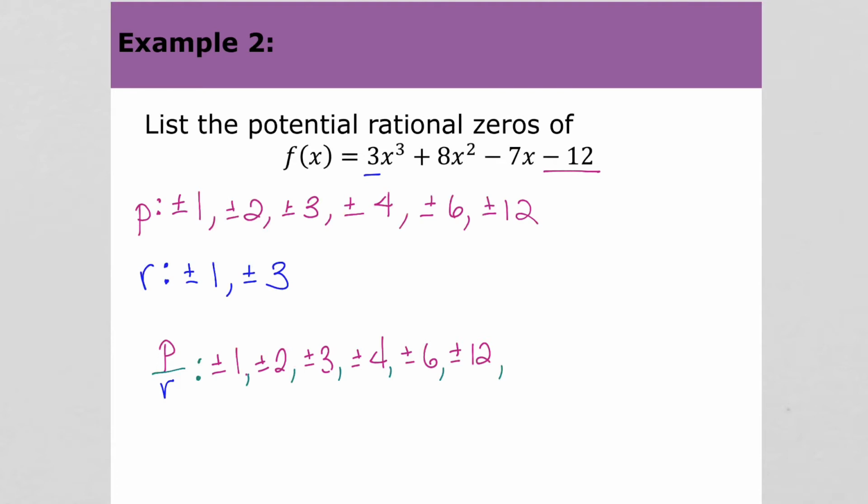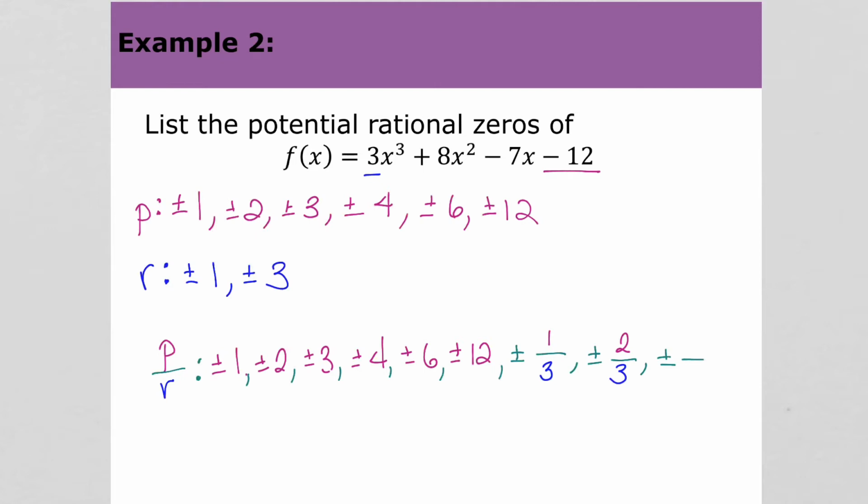Then next we take each of the P and put it over 3. So we'll have positive or negative 1 over 3. Positive or negative 2 over 3. Positive or negative 3 over 3 just gives us 1, which we already had, so we don't need to mess with that.